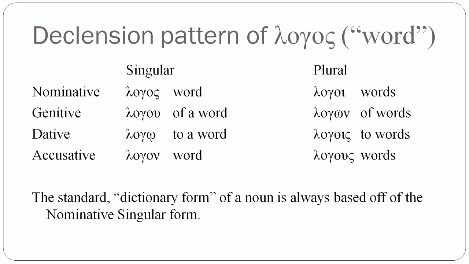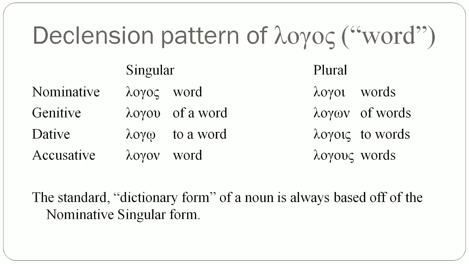So let's look at the second declension. What does this mean? Second declension is what you're looking at right now. It's this pattern of nominative, genitive, dative, accusative, singular and plural. Let's go down the line, treating the singular forms first. Notice you have here the word logos.